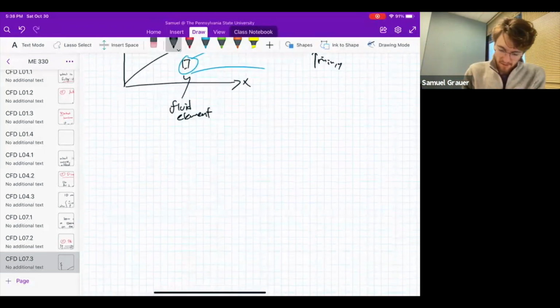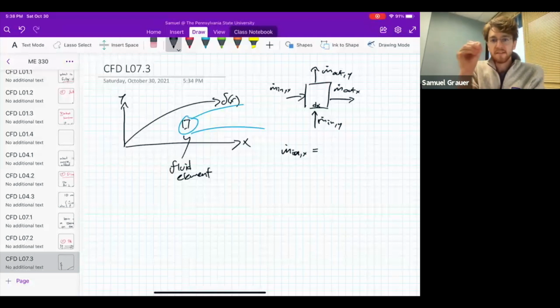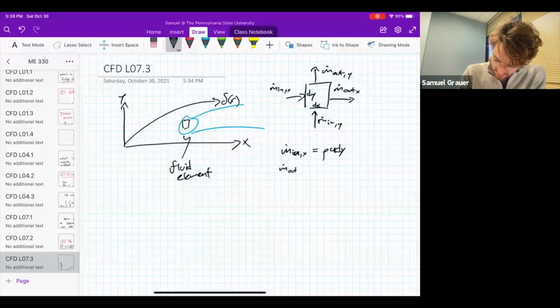So from this diagram, we can write out the explicit form of all of these. So we have m in x. Let's just note that we have dx and dy, right? So we've got this little box that has a length dx and a height dy. So here we have rho u dy. That's what's coming in. And m out x is going to be equal to rho times u plus du/dx times dx, times dy.